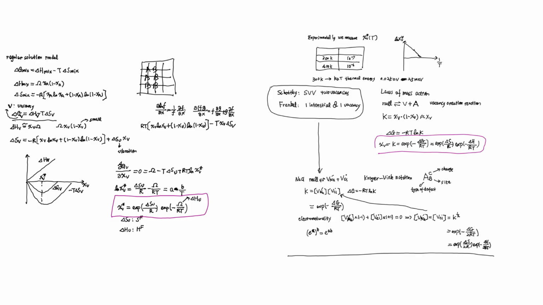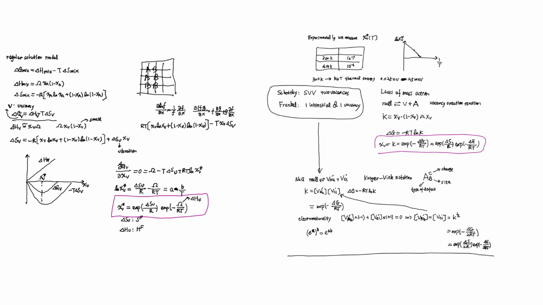So we have omega, and we're taking the derivative of minus TS.